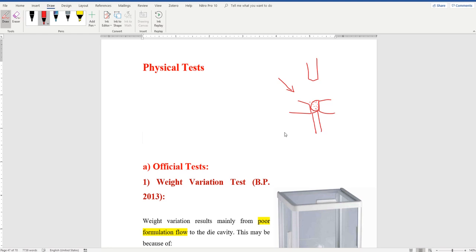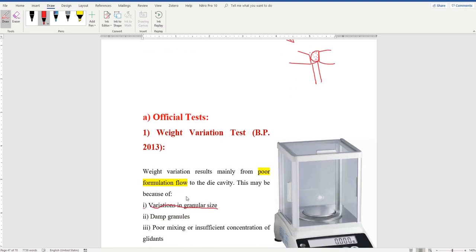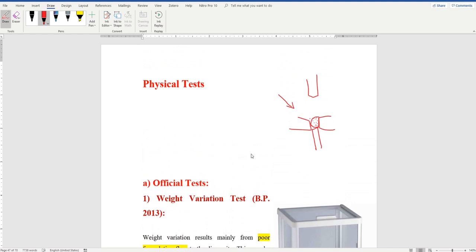Another reason why variation in granule size can cause weight variation: who remembers segregation? We said that small particles, or in this case granules, can pass between the large ones.